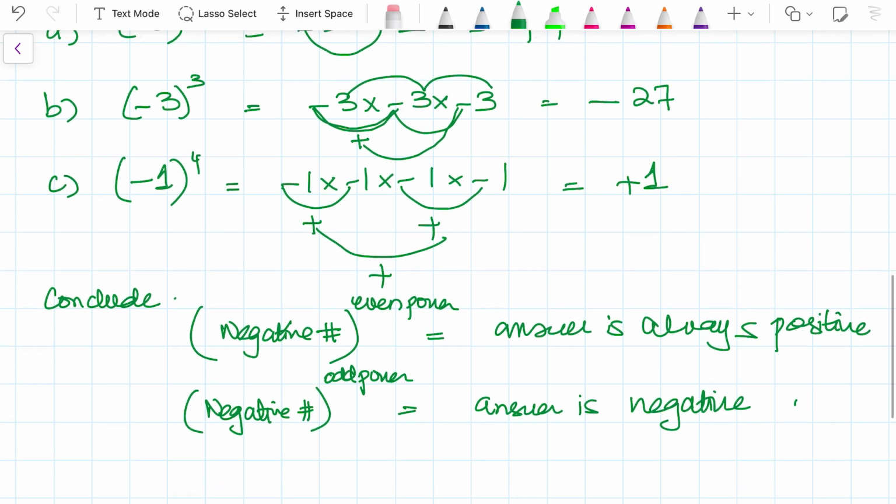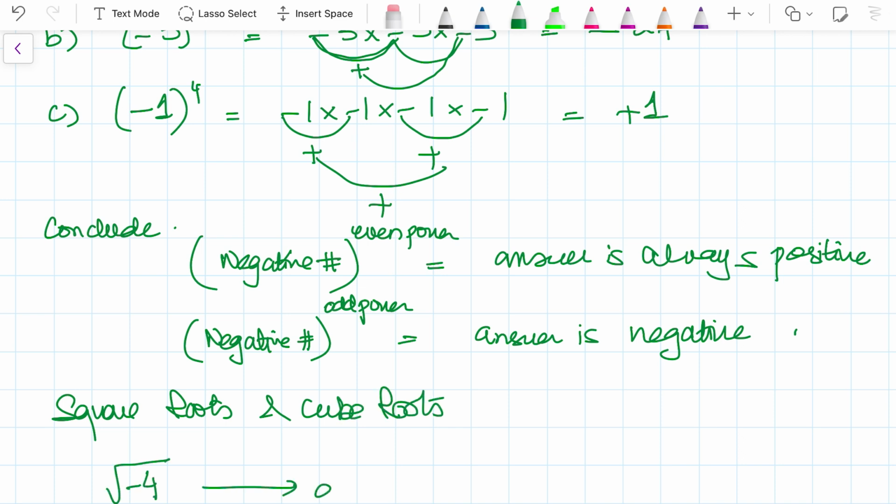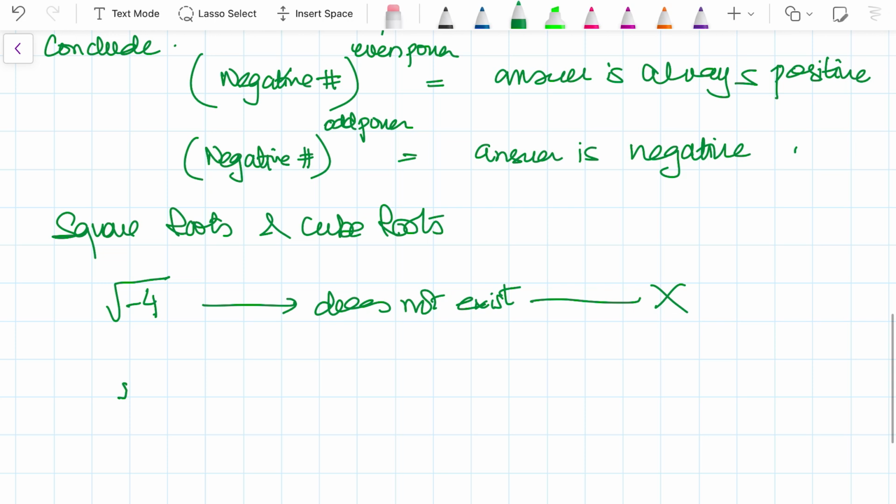Okay? Let's talk about square roots and cube roots. A square root of a negative number does not exist. However, a cube root of a negative number exists, so it's going to be a minus 2.